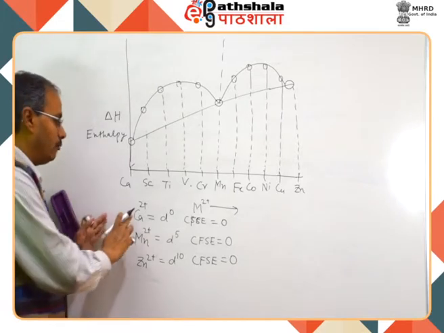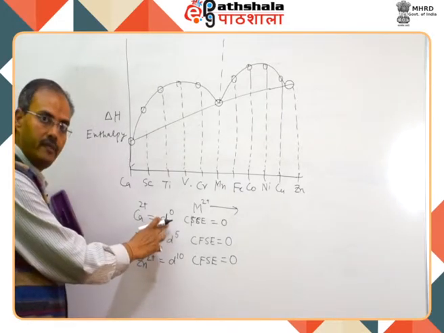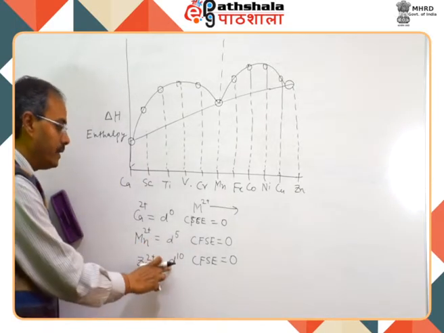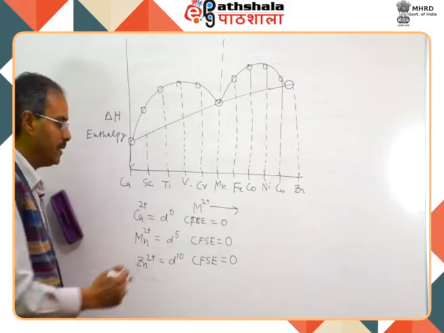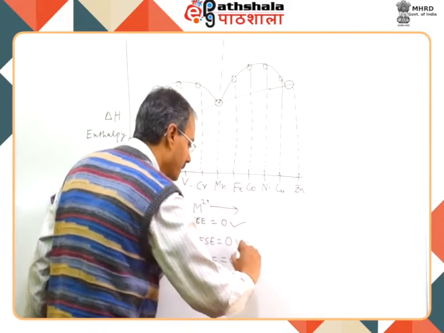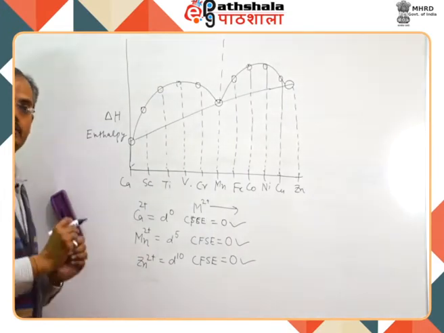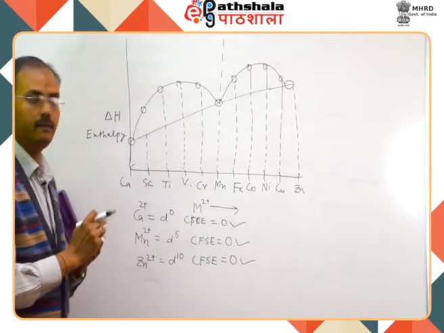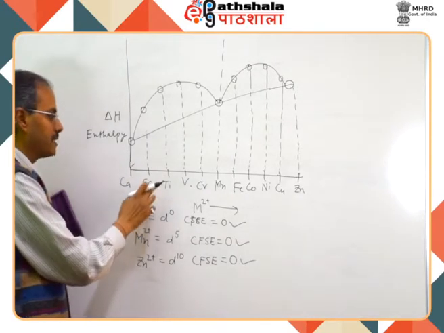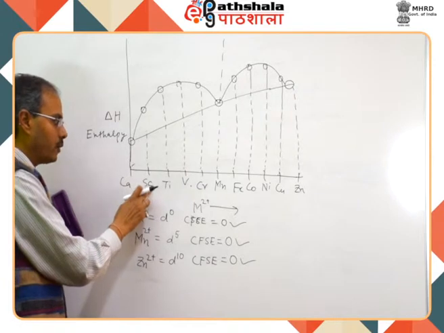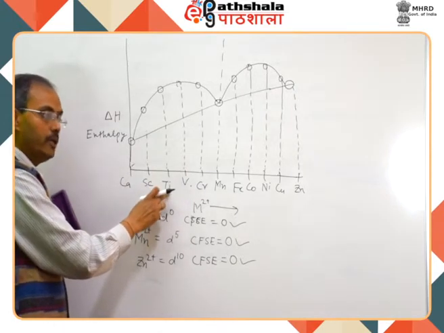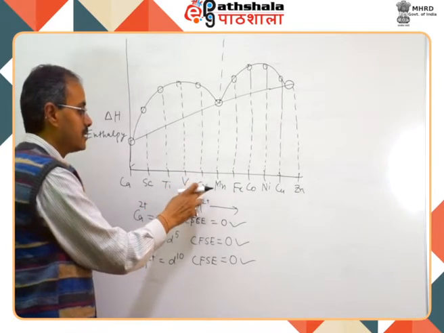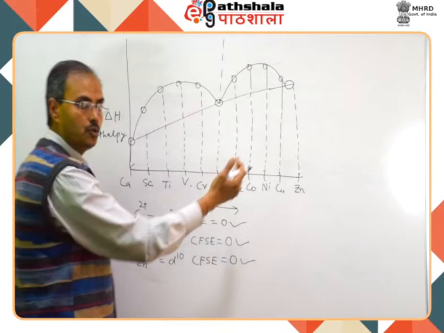That means whether a metal ion has d0 electronic configuration, d5 electronic configuration in high spin, or d10 electronic configuration in any of the spin, we will always have 0 crystal field stabilization energy. But then what happens to the other metal ions? Remember, these are the metal ions, for example scandium with d1 electronic configuration, titanium with d2, vanadium with d3, similarly chromium with d4 and so on.